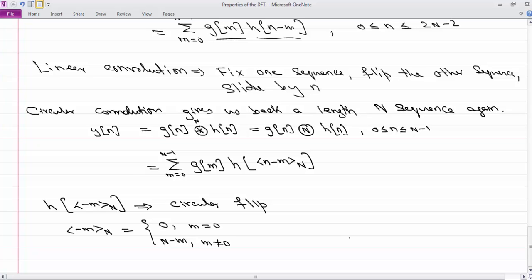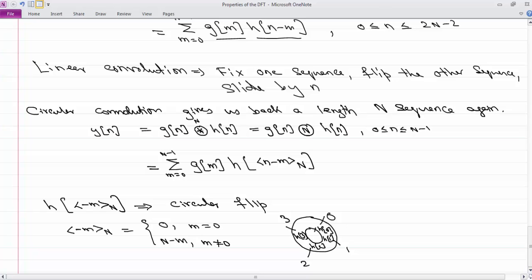If you want to graphically think of circular flip, what it is that, so you start with indices, let's say 0, 1, 2, and 3, and you have four values, h0, h1, h2, and h3.